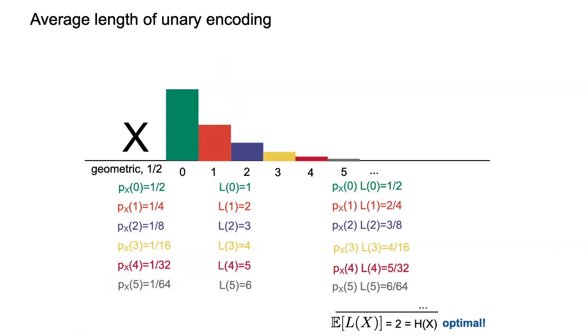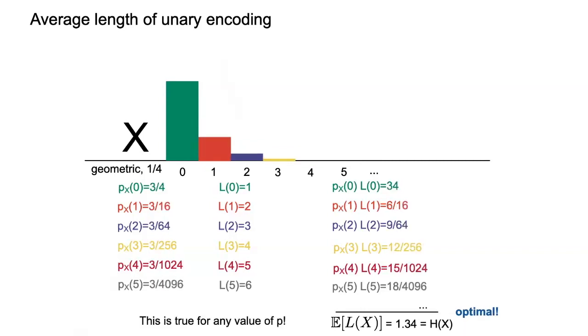So if it follows that geometric distribution, then you encode your integers by 1, 1, 1, 1, 1, 1, 1, as many as the integer, then a 0. And that is, in fact, optimal. But what's very important to understand is that this is tied to the distribution of the source. If you change the distribution of the integers, it completely changes the average length. It completely changes the entropy, right?